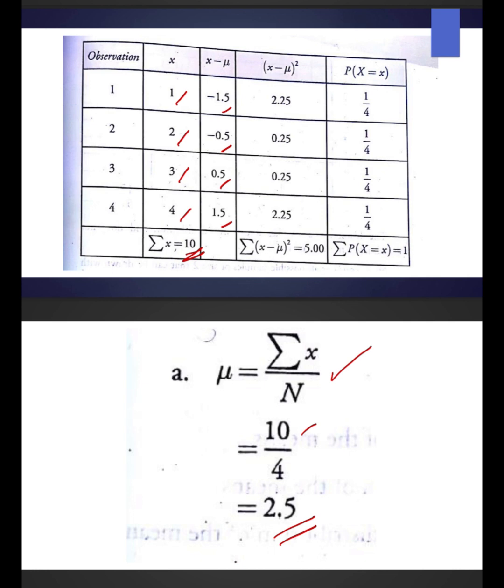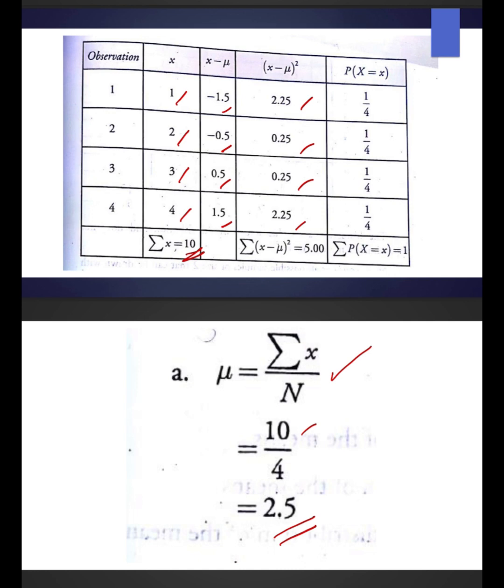Now, let's square the difference. The square of negative 1.5 is positive 2.25. Square of negative 0.5 is positive 0.25. Square of positive 0.5 is also positive 0.25. And the square of 1.5 is positive 2.25. Again, take note, once you square the difference, the result is always positive.